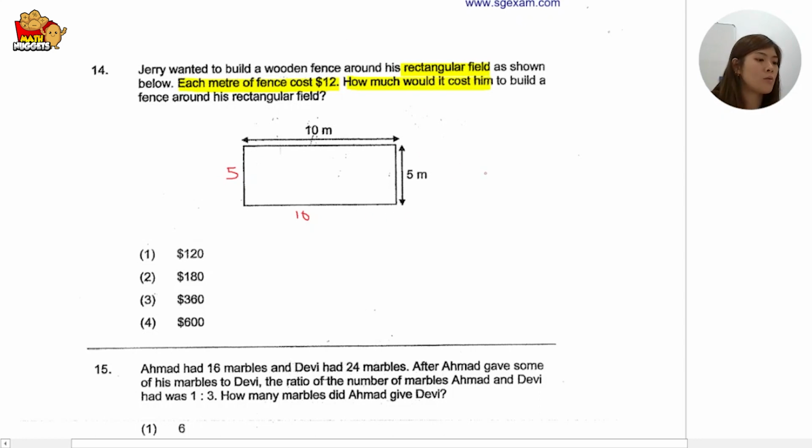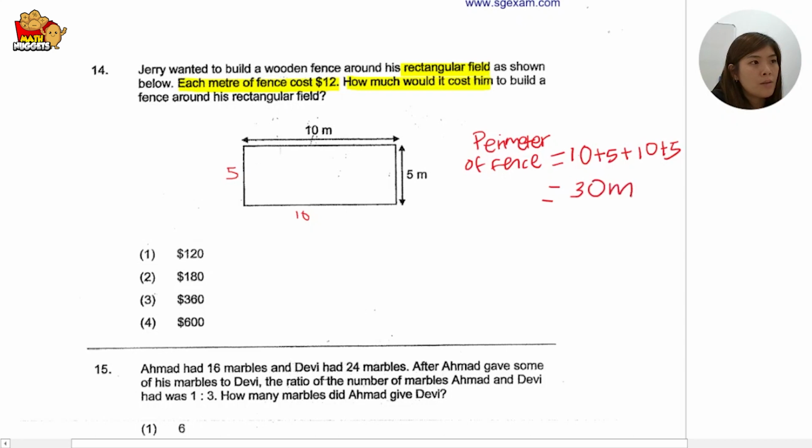So he wants to build a fence around this rectangular field. The first step is to find the perimeter of the fence. For the perimeter of the fence, take 10 plus 5 plus 10 plus 5. This gives you 30 meter.